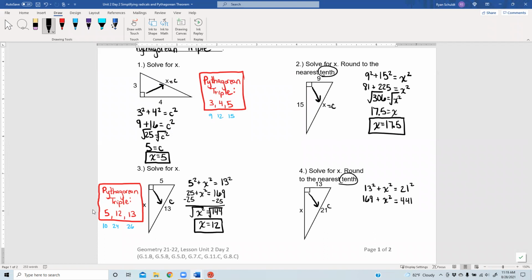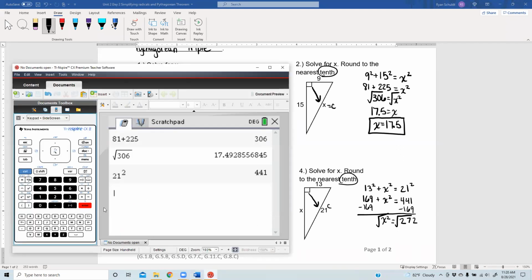Okay. So now I need to just get x squared by itself. So subtract 169. It's going to give me x squared equals 272. Yep, 272. Okay. So now let's square root 272. And I'm going to guess it's going to be a nasty decimal because it says round to the nearest 10th.